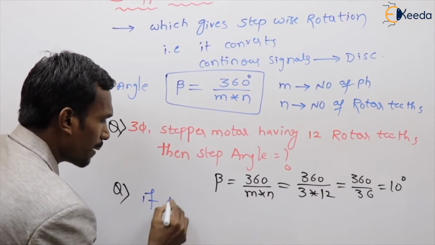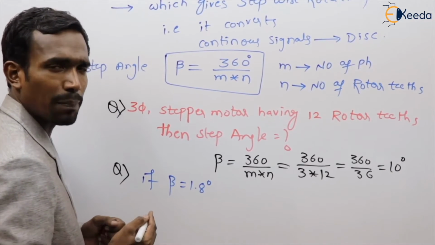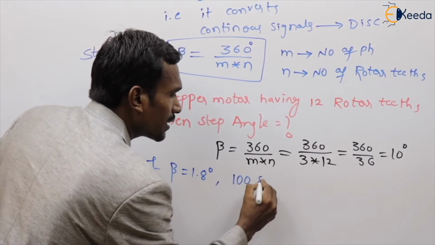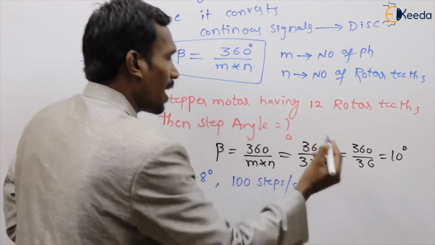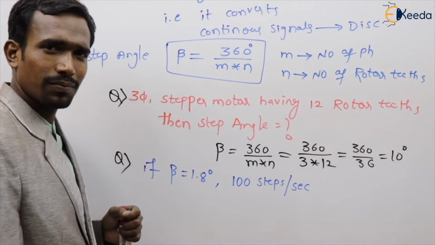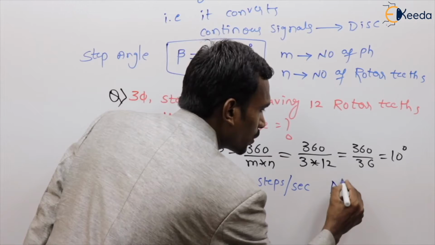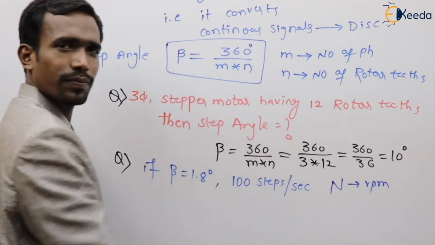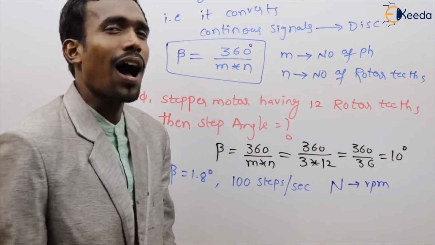They will ask you another question. If the step angle is 1.8 degrees and the rotor is rotating at 100 steps per second, then find the speed in RPM or RPS.